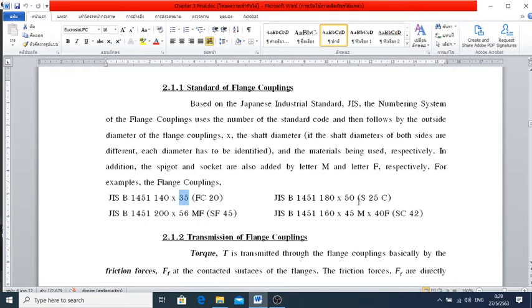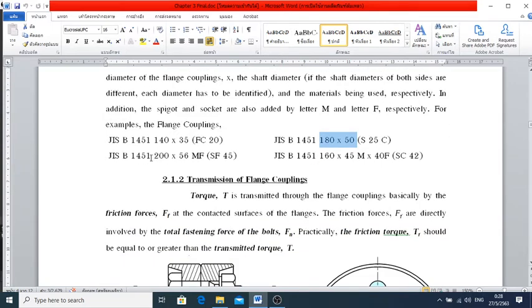Then 180 times 50: 180 is the flange diameter and the shaft diameter is 50. It's made of material S25C respectively, and then 200 times 56 MF, and then SF45. In this one, the flange diameter is 200 and the shaft diameter is 56.